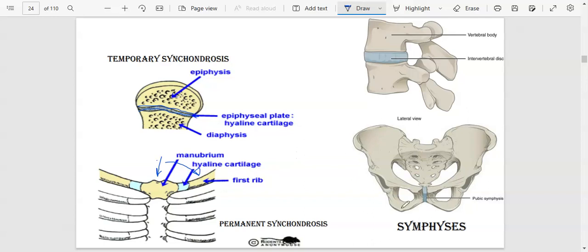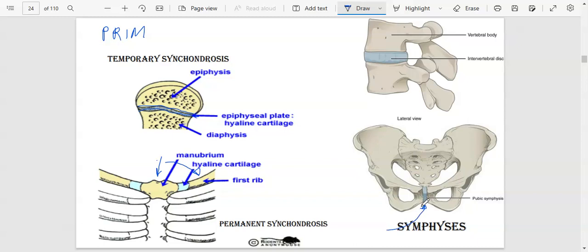We also have the symphysis. The one we mentioned earlier is a primary cartilaginous joint, and then the secondary cartilaginous joint is a symphysis. Here is an example of a symphysis.